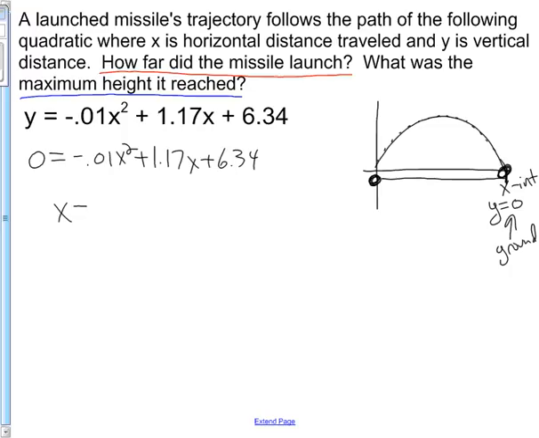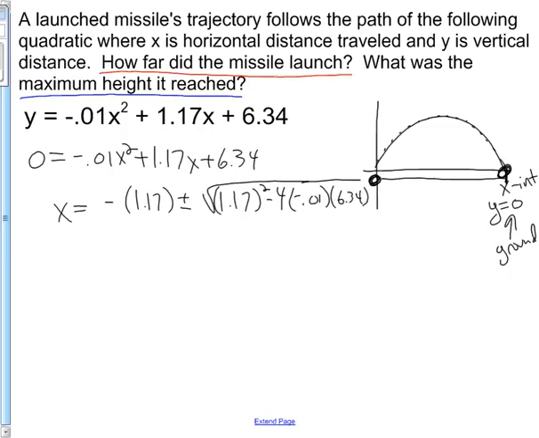So I already did that, and so negative b plus or minus square root of b squared minus 4ac. You have to be real careful, making sure you type all the numbers, watch their negative signs, just double check what you write.